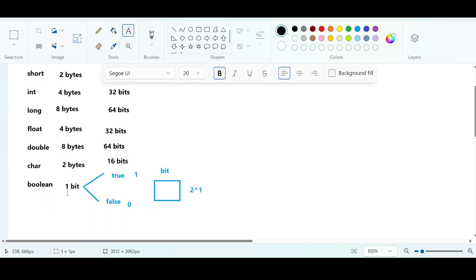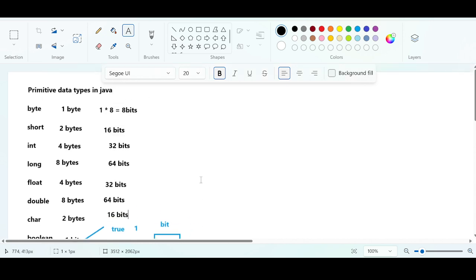And for Boolean, there is only 1 bit. Smallest data type is Boolean data type.